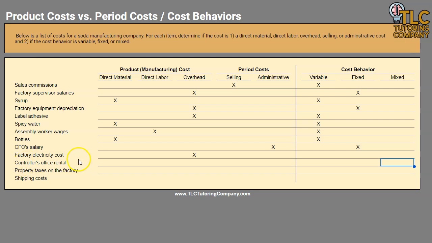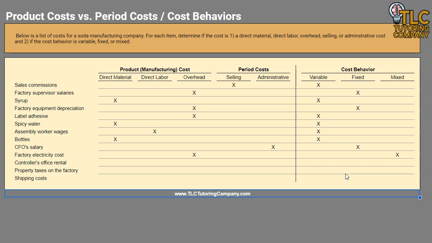Most textbooks are going to tell you that the electricity cost is going to be considered a mixed cost, simply because we're going to be using electricity just to keep the lights on, just to keep the AC going, whether we produce 0 units or a lot of units within whatever relevant range, right?